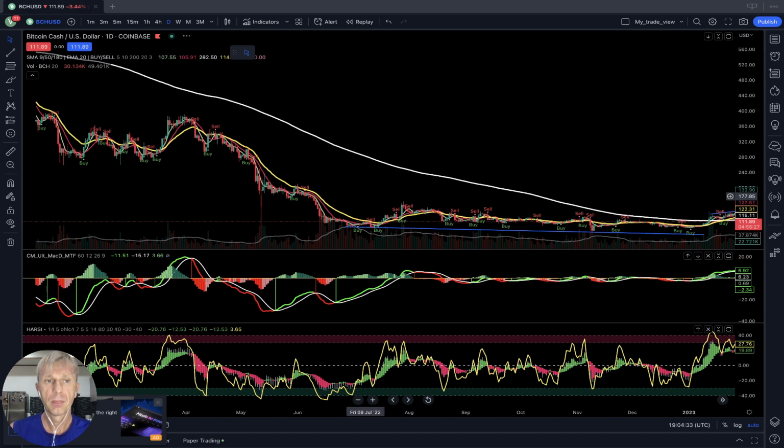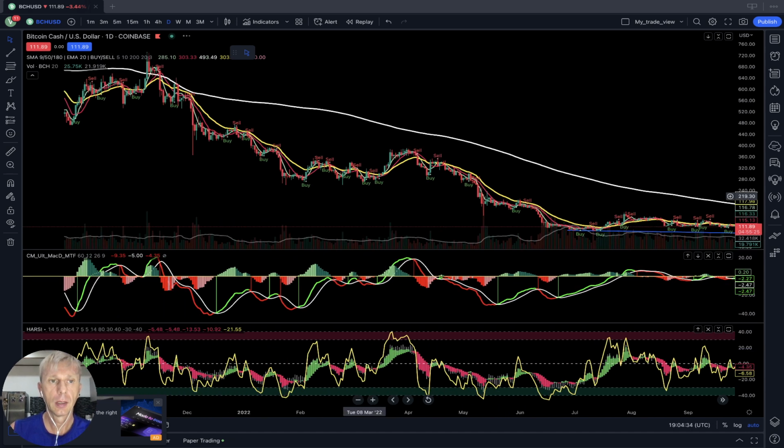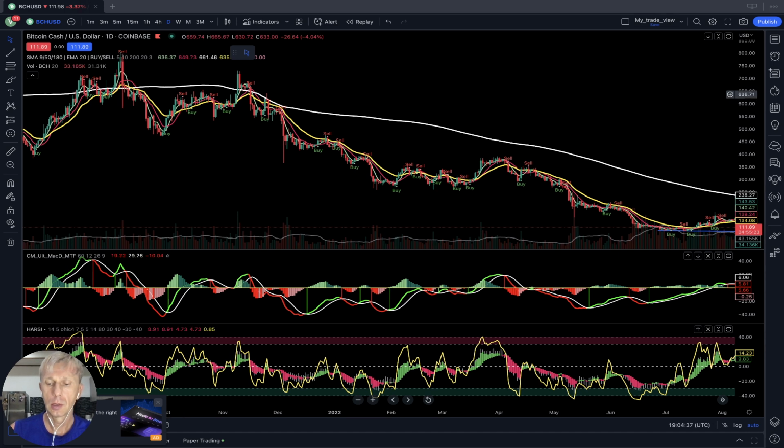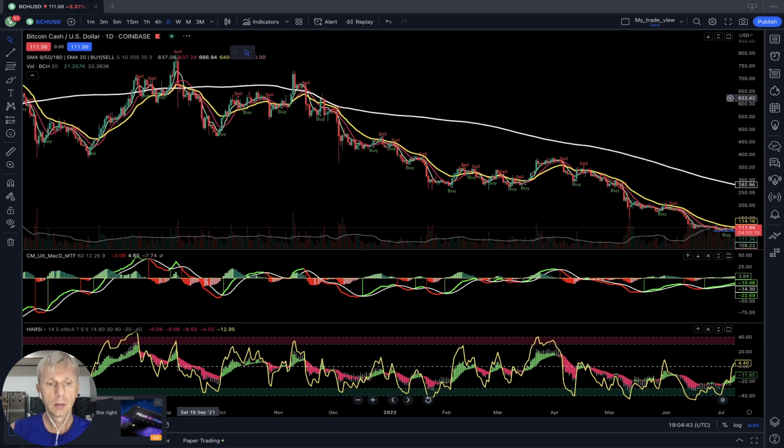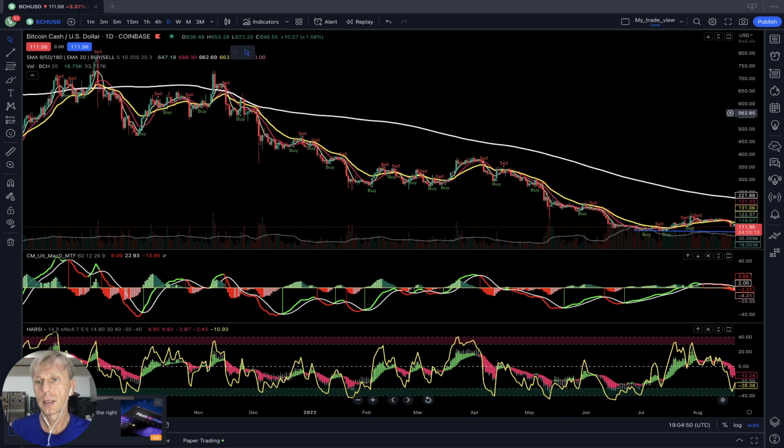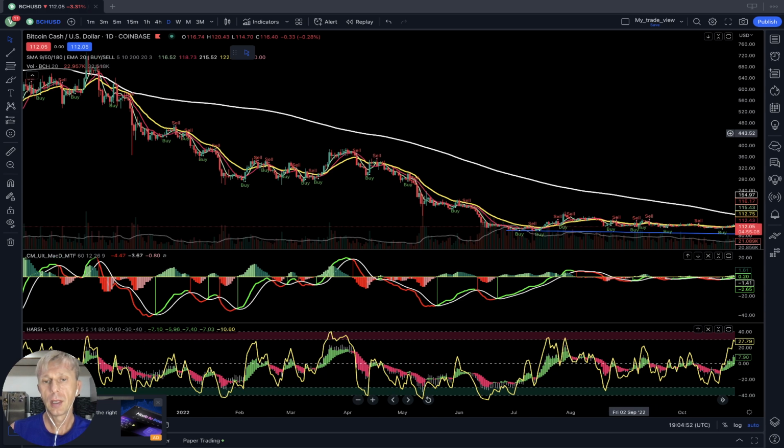Yeah, this point, September 2021. In 21 it did a bearish crossover, and now it's back.